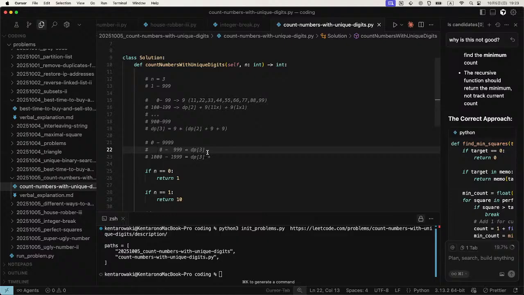For DP4 comes DP3 because we add, yeah, we can add 1.